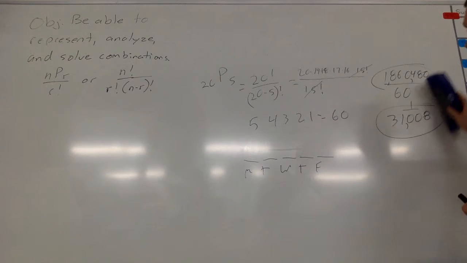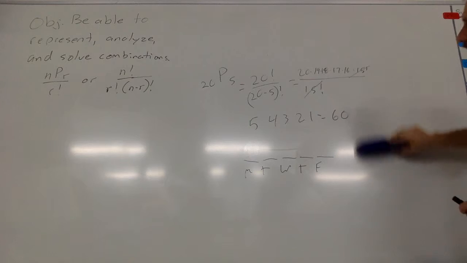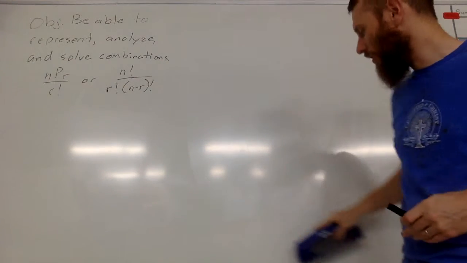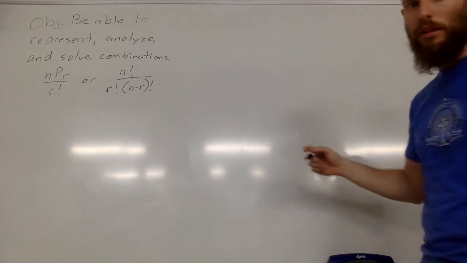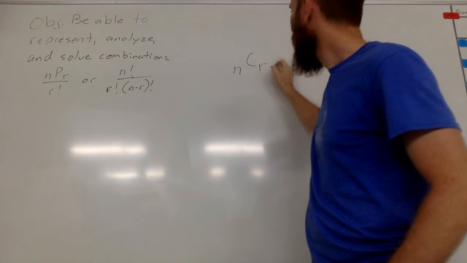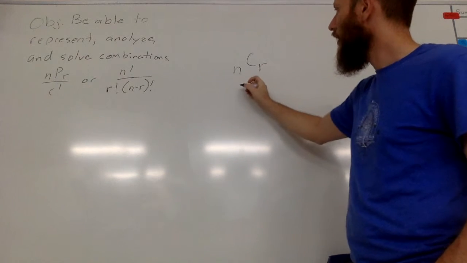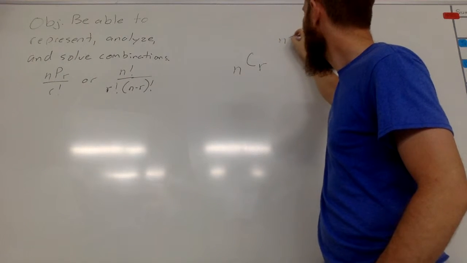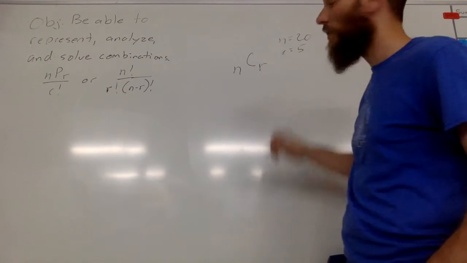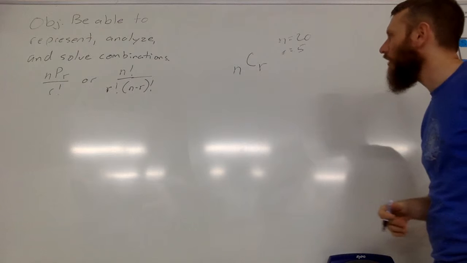Now, if I combine everything that I just said and simplify it without doing the permutation, the other formula that you can use is nCr, where n is 20, the number of meals that are possible, and r is 5, the number of meals that I want.